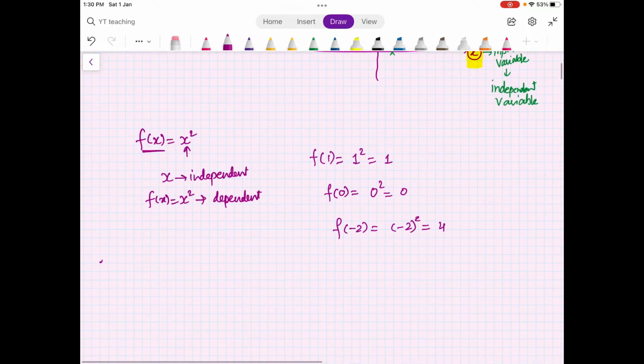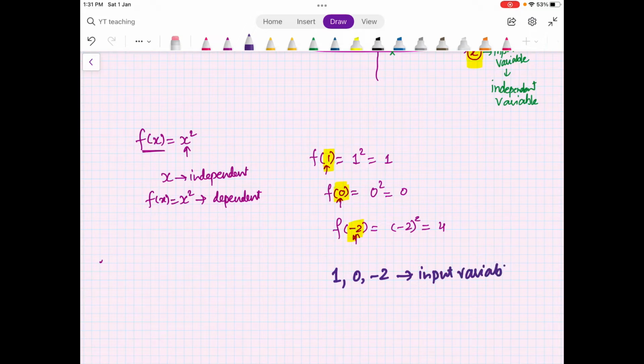Can you see what I am saying here is that 1, 0 and minus 2 are my input variables, and the corresponding values of y I am writing as f of 1, f of 0, and f of minus 2.